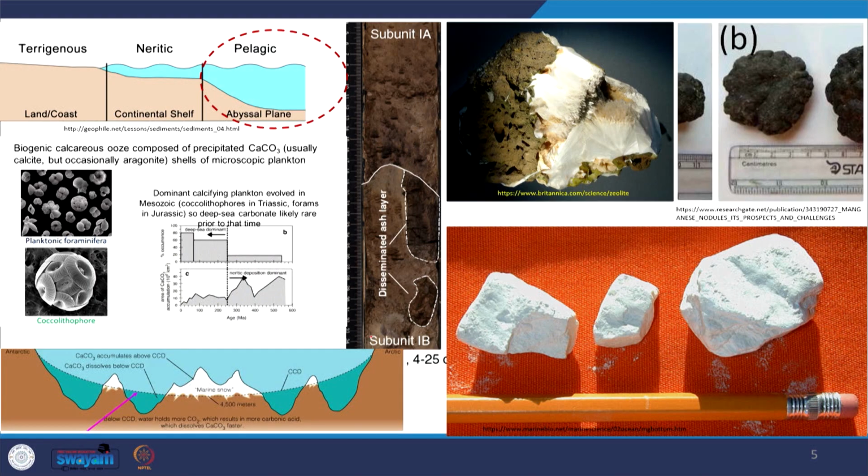Here you can see some photographs: the zeolite, then the manganese nodule, then the clays, and this is the carbonate sediment above the CCD, and this is the pelagic sediment derived from organics. So, all these sediments contribute as layer 1 in the ocean basin.